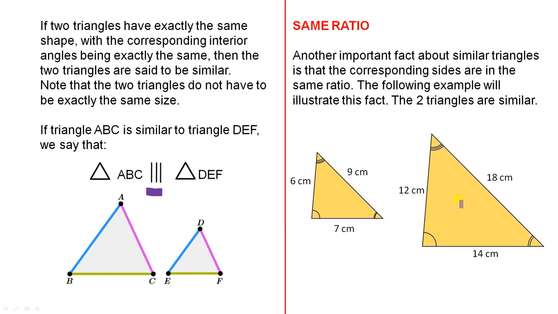It's just larger, but it is similar. In other words, the 6 doubles to 12, the 9 doubles to 18, and the 7 doubles to 14. So all the sides are in the same ratio. Each of these respective sides is multiplied by 2 to give you each of these respective sides.